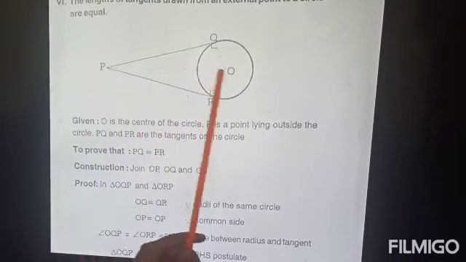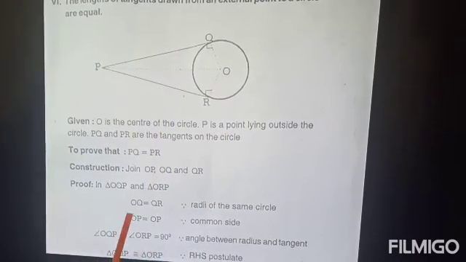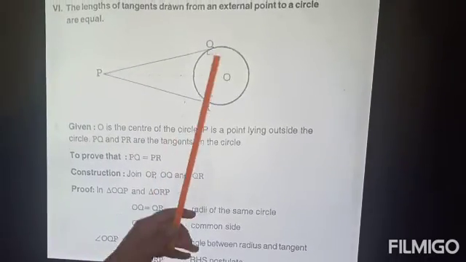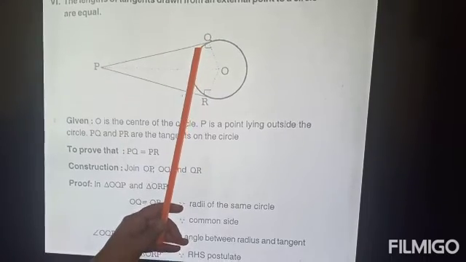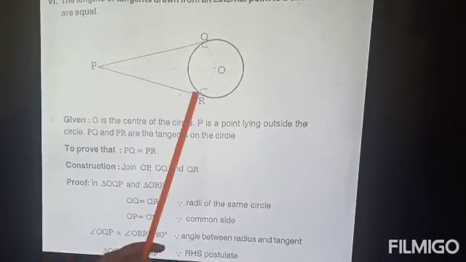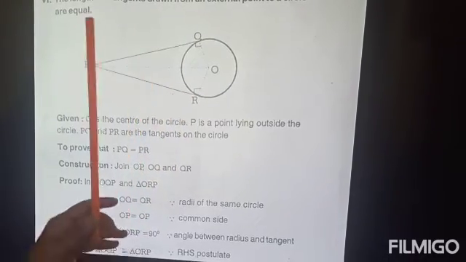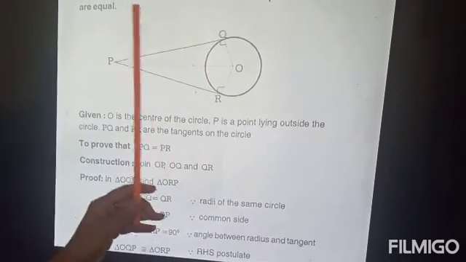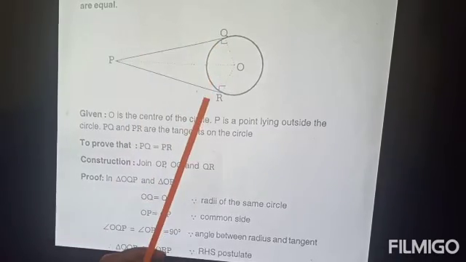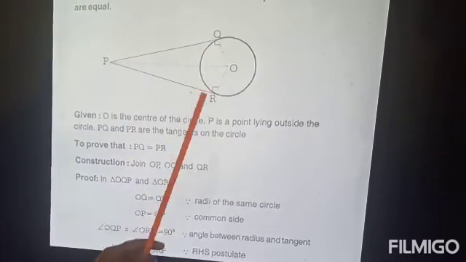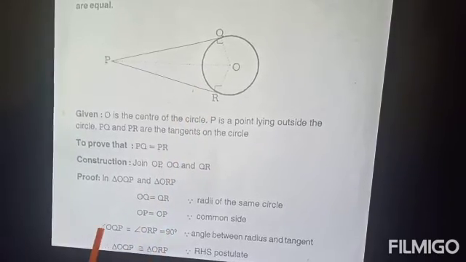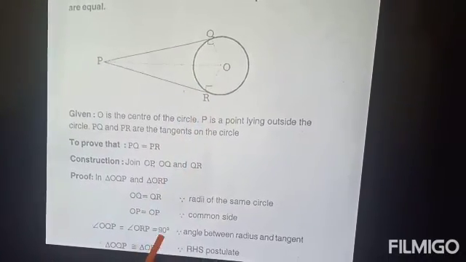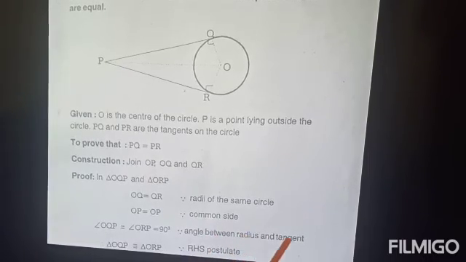There also OP is common for both triangles. Next, angle OQP is 90 degrees. Then angle ORP is also 90 degrees, because we know the angle between the tangent and the radius at the point of contact is always a right angle, 90 degrees.